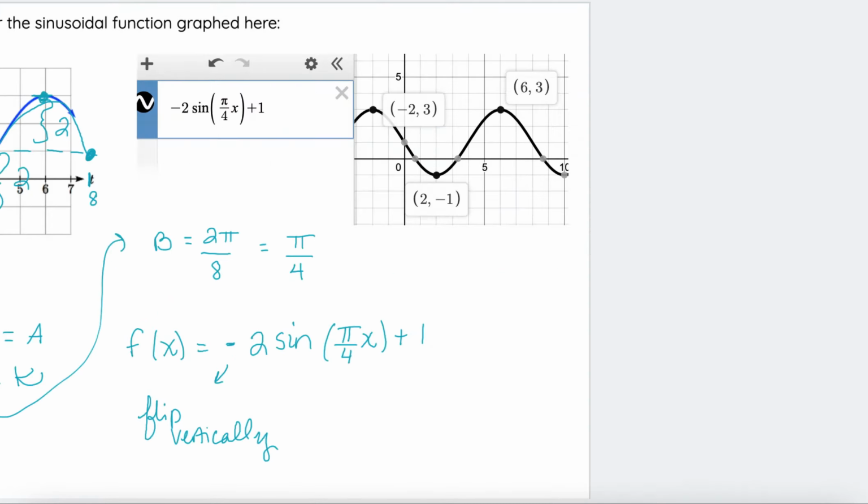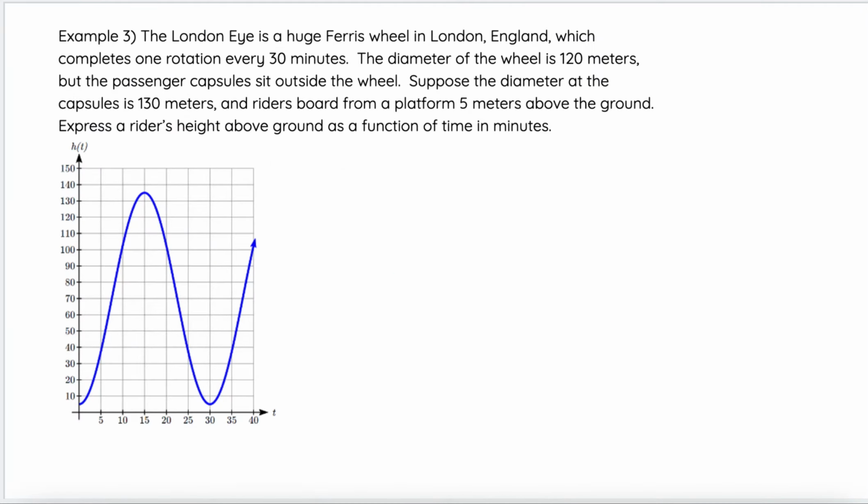All right. Let's try another one, more of an application problem on slide 3. The London Eye is a huge Ferris wheel in England, which completes one rotation every 30 minutes. So that's going to be important, one rotation every 30 minutes.